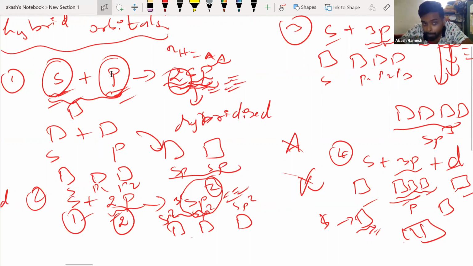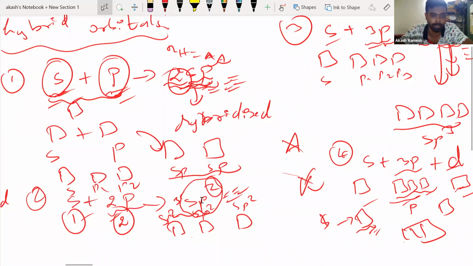Now even it can be 2s and 2p, where I'm talking about the orbital names, right? One 2s orbital and one 2p orbital can combine to form sp hybridized orbitals. And how many sp hybridized orbitals? That comes from nh equal to na, right? Since two atomic orbitals are combining, I'll form two hybridized orbitals. In this case, the hybridized orbitals are sp hybridized orbitals, right?